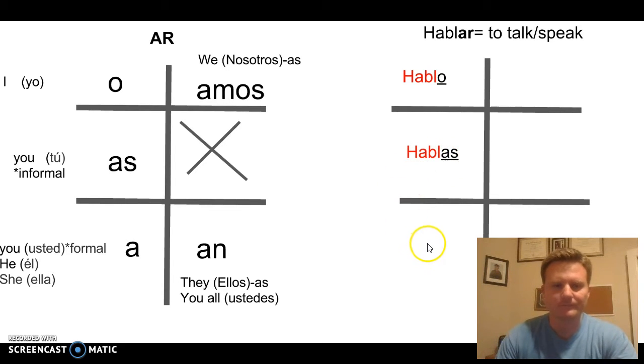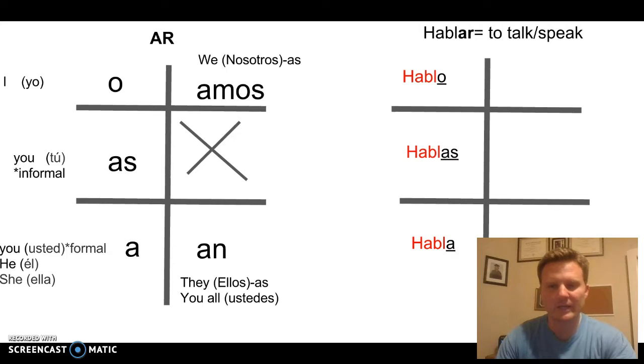Moving on down, if we look at this quadrant, we know that the letter is going to be an A ending. And so right here you get habla. But remember that this one, habla, can mean many different things. You have over here on the left, it means you, which is you formal, the one that we've been using quite a bit in class.